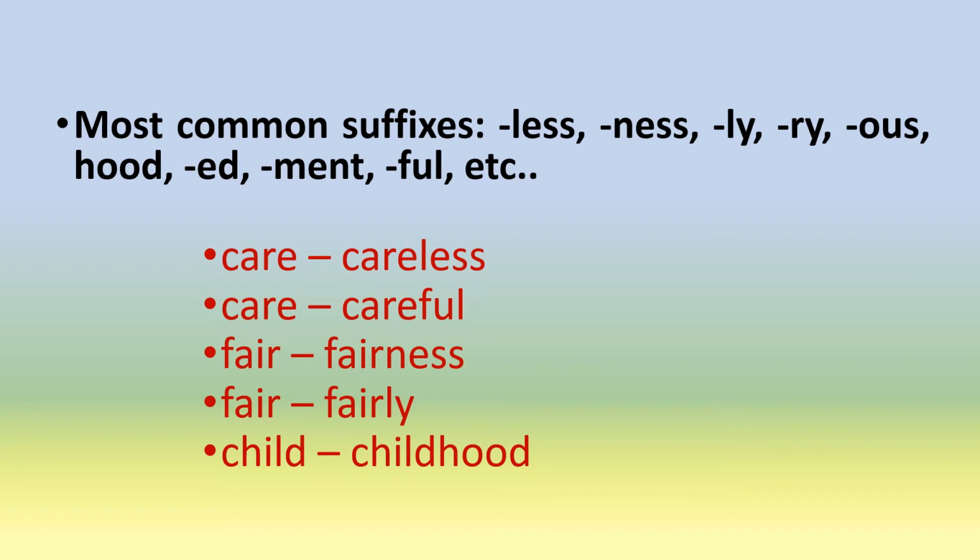Fourth one, again fair. This time we added ly. So the new word fairly. Fifth one, child. What is the suffix here? Yes, we are adding hood. So the new word is childhood.